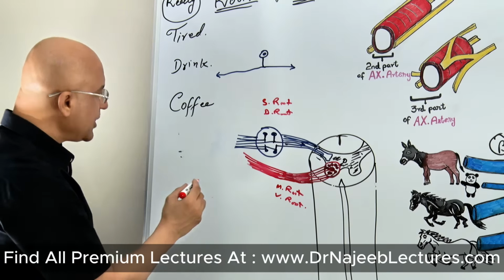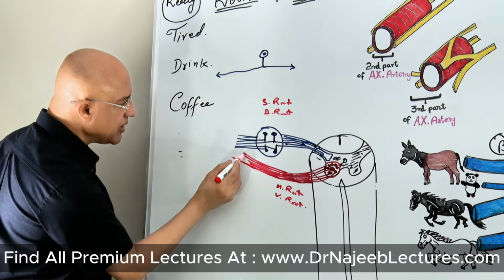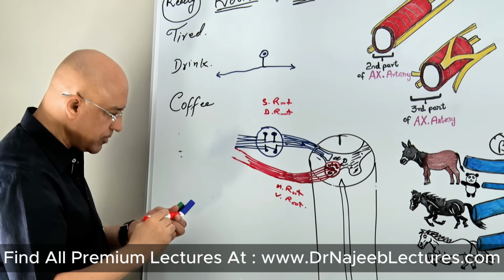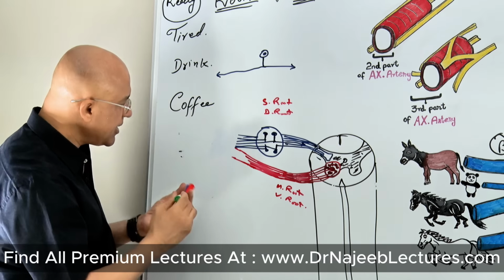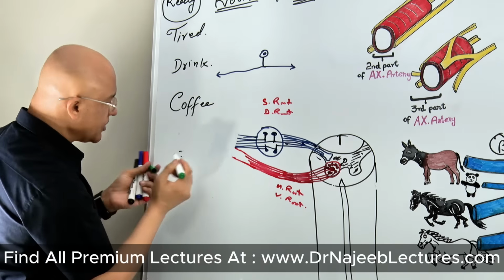Now, what really happens? They come together and they fuse with each other, right? All these sensory fibers and motor fibers, which are present in the ventral root and the dorsal root, fuse with each other and make another neuronal bundle, right?